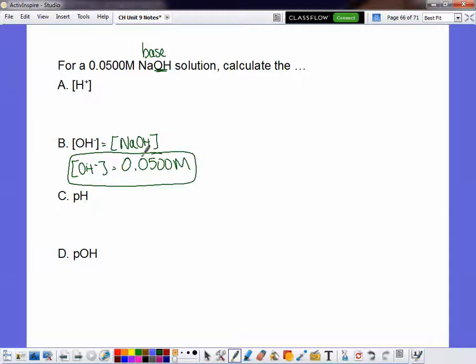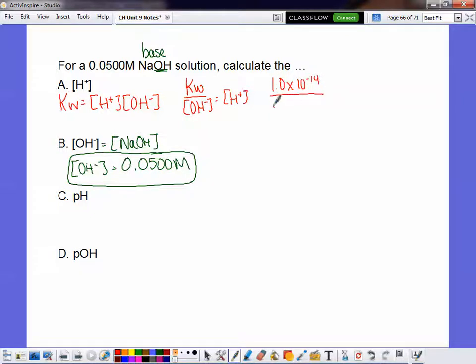And now that I have one, I can find the other three very easily using that chart. So to find H+, we're going to use that KW formula. But this time I know OH already, so I'm going to take KW over OH to get me H. So 1.0 times 10 to the negative 14 over 0.0500 molar. How many sig figs this time?